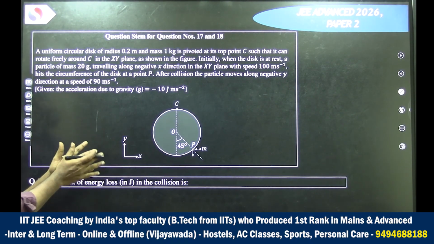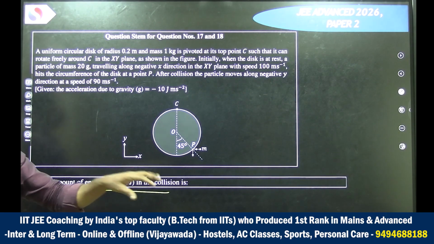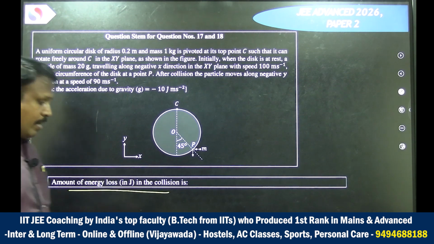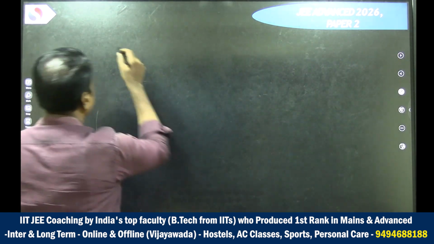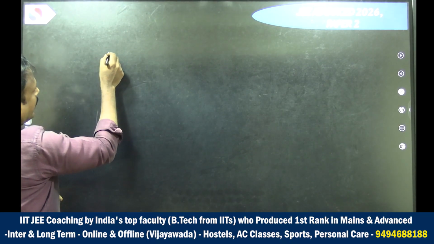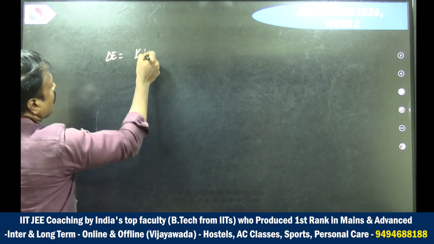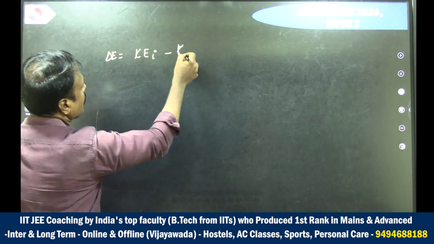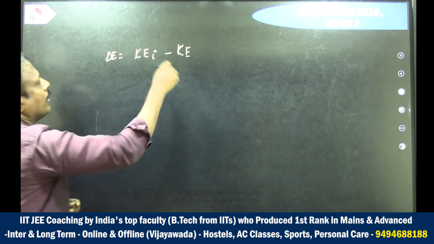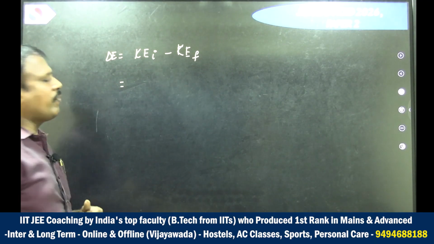In this particular problem, in the same situation, what are they asking? The loss of energy during the collision. Yes. In order to find the loss of energy during the collision, just imagine the loss of energy is just the difference of energy, which is in the form of kinetic energy, initial and final.